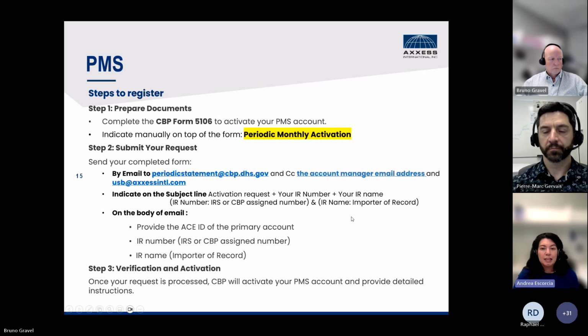So in the body of the email, you will need to provide the ACE ID of the primary account, the IR number, which is the IRS number or the CBP assigned number, and the IR name, which is the importer of record. Please don't worry, we will give you an example of this on the next slide. So the third step is the verification and the activation. Once your request is processed, CBP will activate your PMS account and provide detailed instructions.